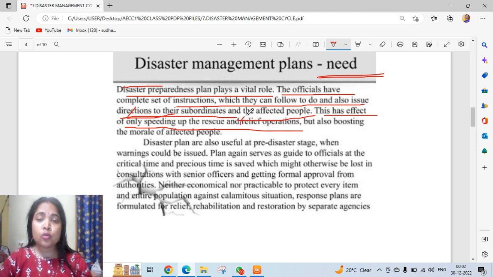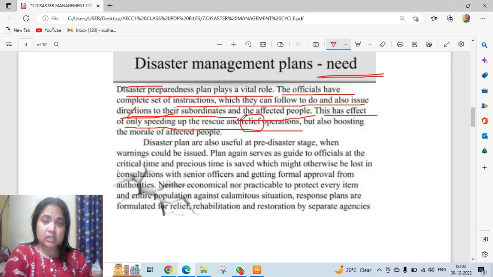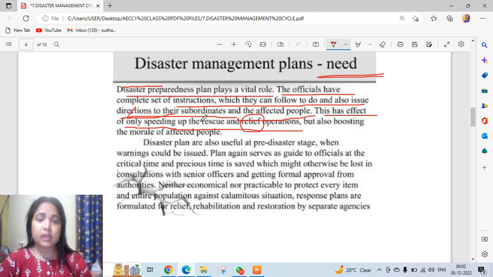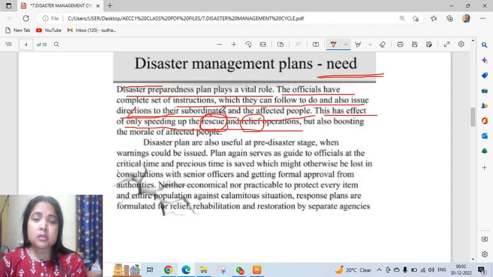Hence they also require what? Food, shelter, medicines, means relief. And some need rescue, means the persons who are affected, suppose someone's house has broken, means he or she needs evacuation from that particular point, it is known as rescue.